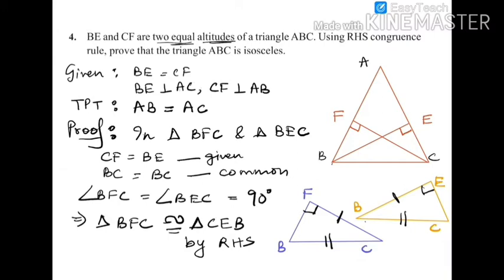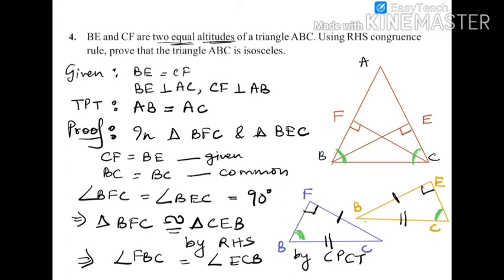So if the two triangles are congruent, their angles are also equal. So we can say that angle B is equal to angle C. That is, angle FBC is equal to angle ECB by CPCT, as they are congruent parts of congruent triangles.